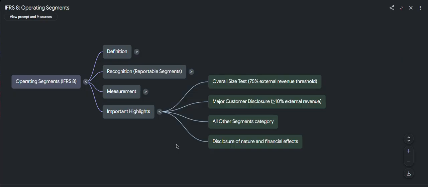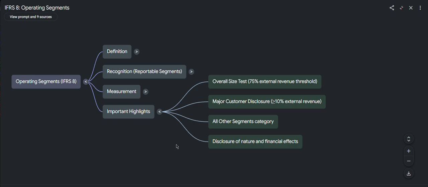What the overall size test tells us is that the reportable segments must make up 75% of external revenue to qualify for disclosure. So it's important that the company reaches the 75% external revenue threshold.